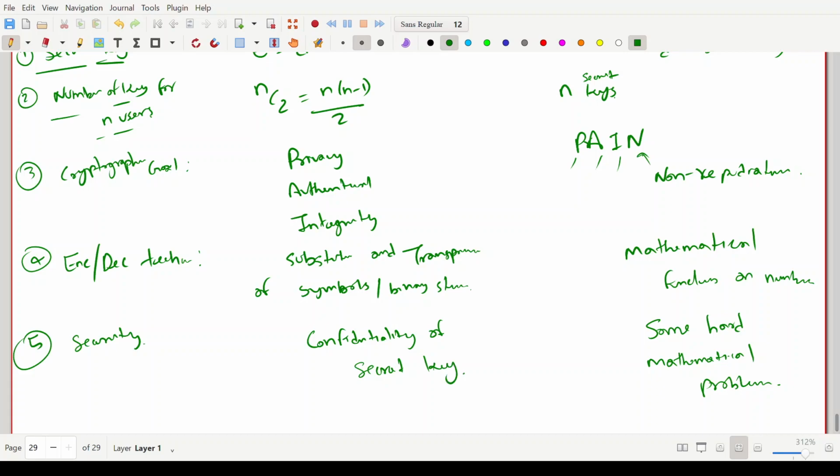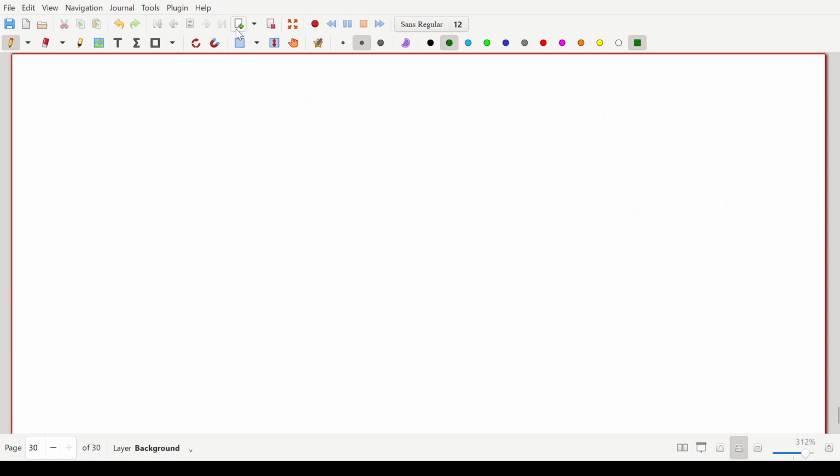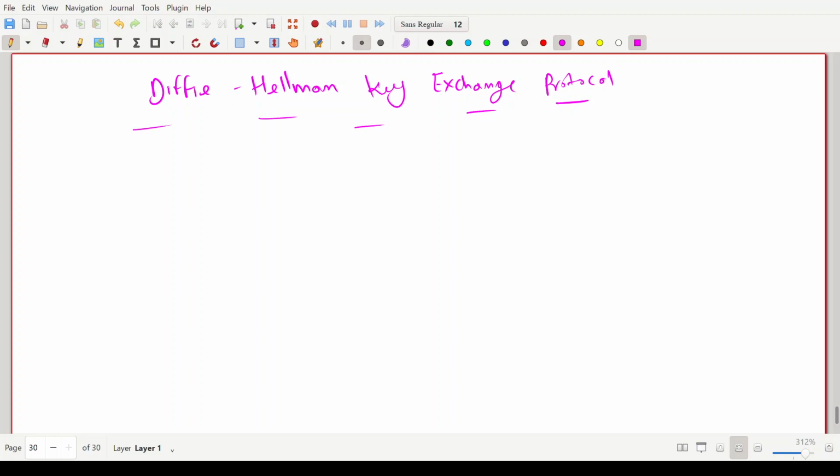Okay, so now let us talk about the Diffie-Hellman key exchange protocol. What is a key exchange protocol?